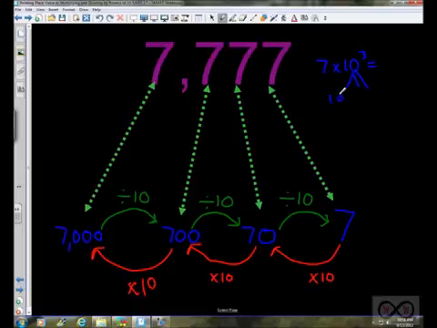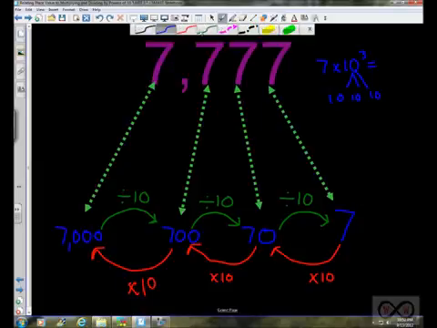So we've got 10 times 10 times 10, with a multiplication symbol in between the 10s. 10 times 10 is 100, and 100 times 10 would be 1,000, and you'd be exactly right. So 10 to the third power equals 1,000.